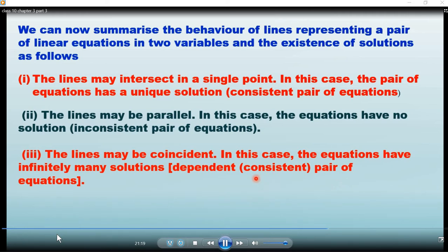So in two conditions we had a consistent pair of equations. The first condition was the unique solution and the second condition was infinitely many solutions. But when did we have inconsistent? When they were parallel. So only one condition is there: when it is inconsistent, the lines must be parallel.